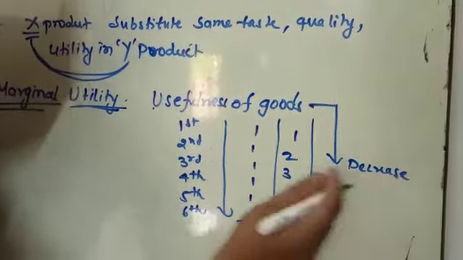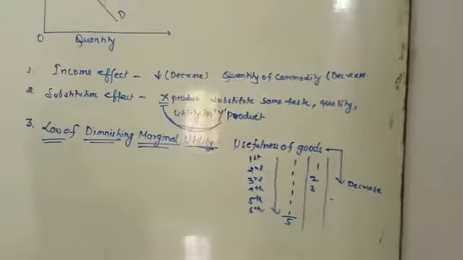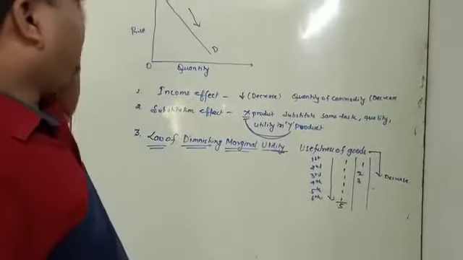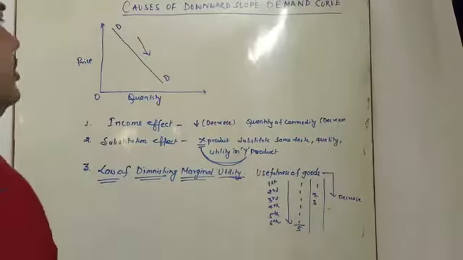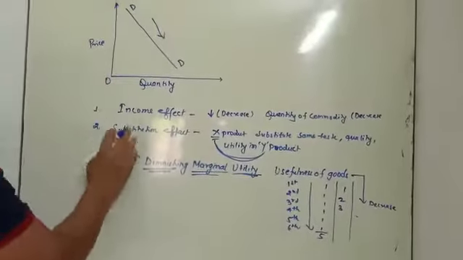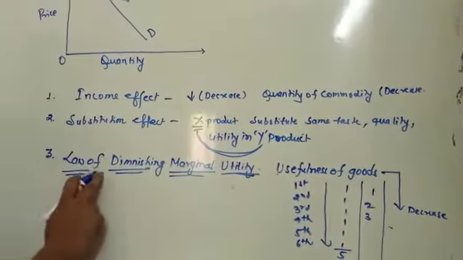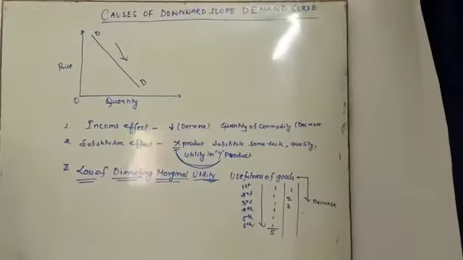Because you are using the maximum commodity by adding one by one, so diminishing. So in this situation of the law of demand, we have to see the slope of the demand curve. The reasons are income effect, substitution effect, and law of diminishing marginal utility. My dear students, these are the three.